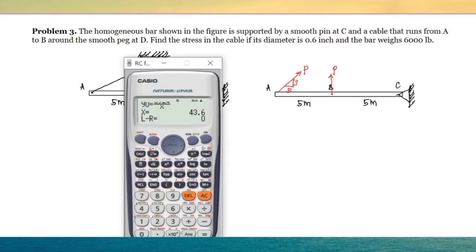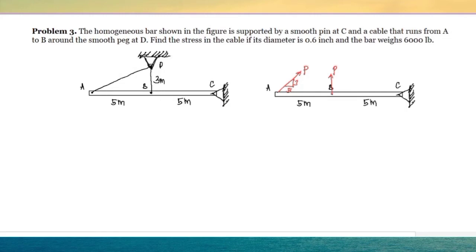So computing for the diagonal, we have the square root of 3 squared plus 5 squared, and that is equal to square root of 34. So we have here the diagonal of square root of 34.